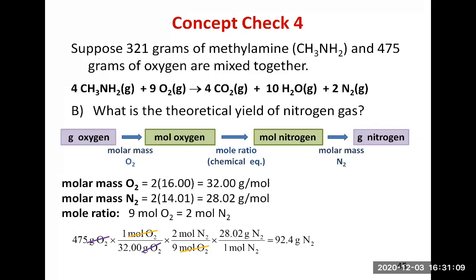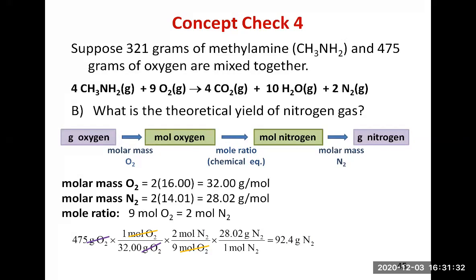And the third conversion factor will change the moles of nitrogen to grams of nitrogen using the molar mass of nitrogen. And so we have the grams on top of the conversion factor and the moles on the bottom.